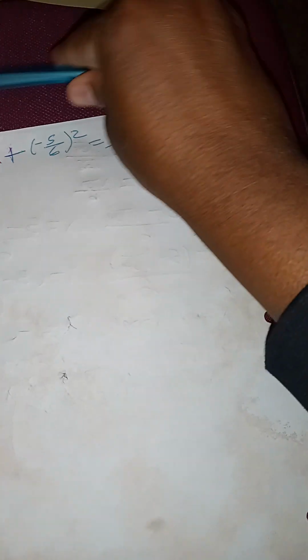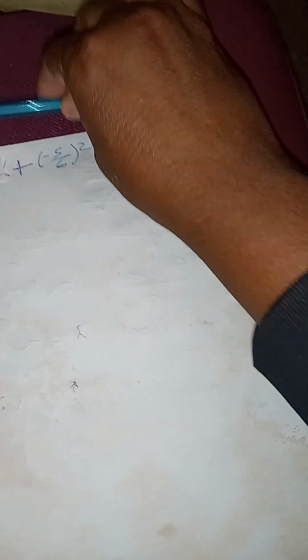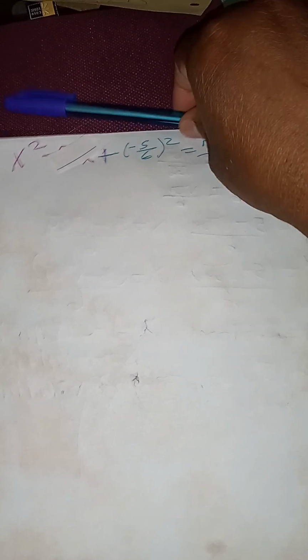And then we cover the power of 2 up so we could see the base, right? Just cover that up there. And we'll see that the base is x plus negative 5 over 6.